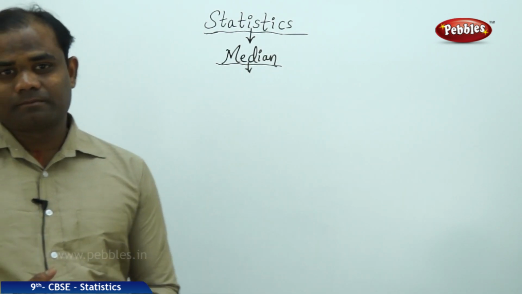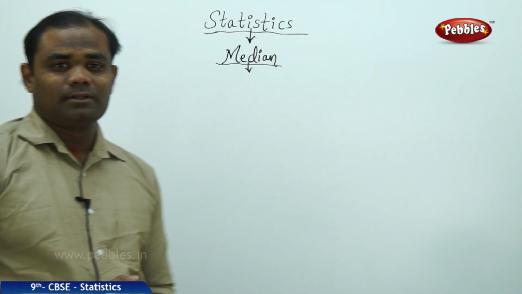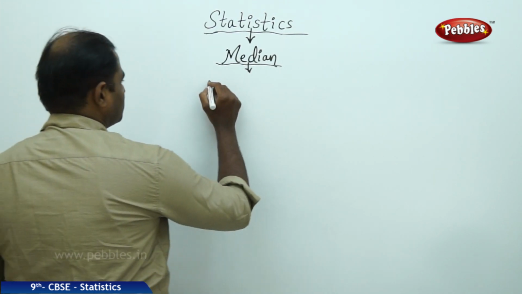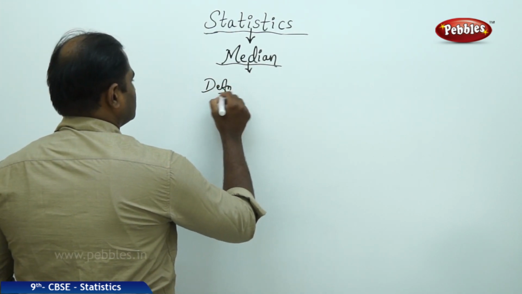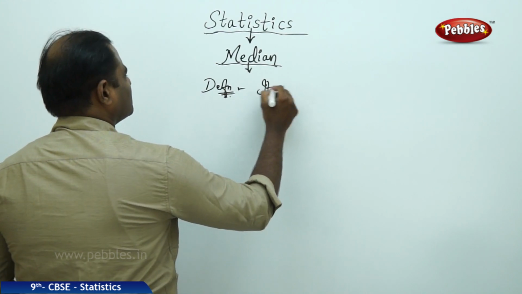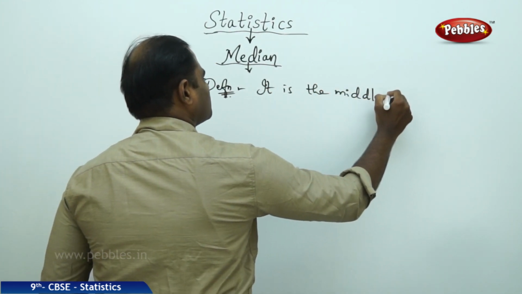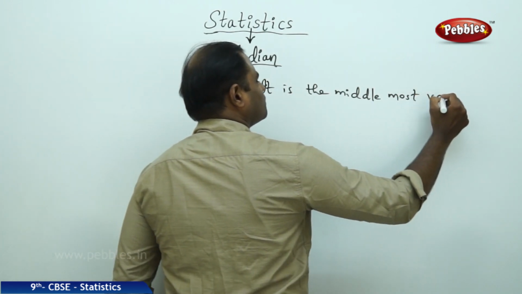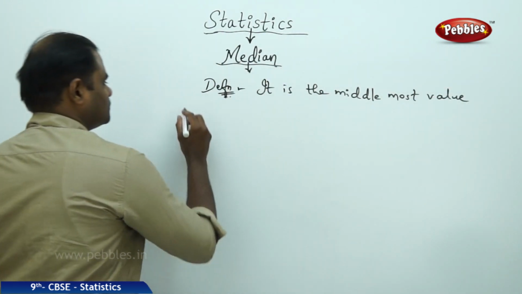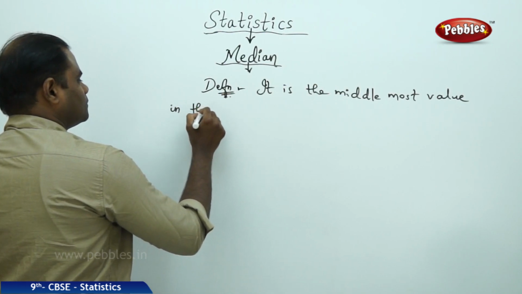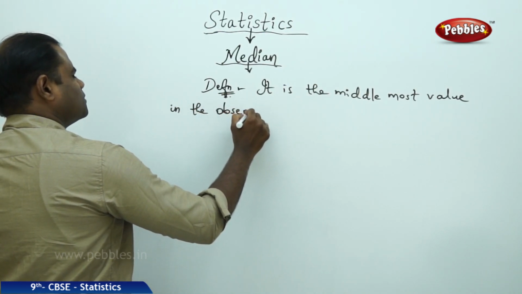What is a median? It is very simple. The most simple definition I can give for median is that it is the middlemost value in the observations.